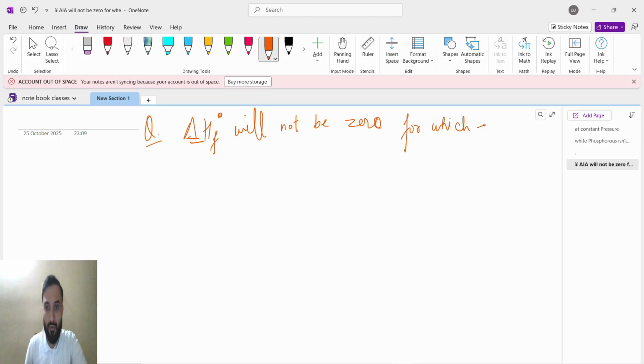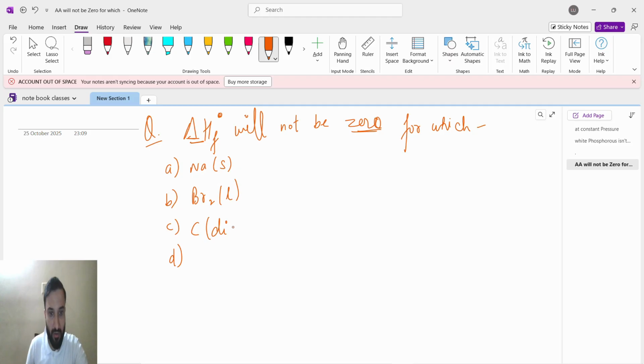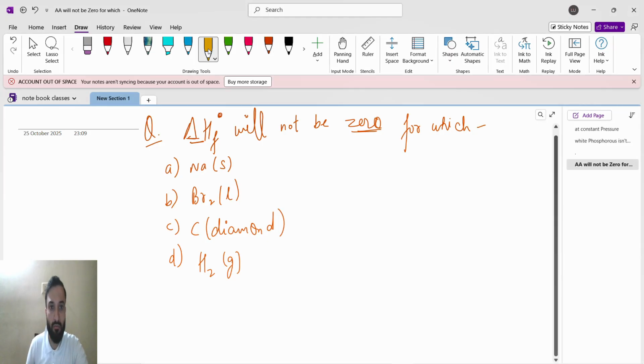The options are: sodium in solid form, Br2 in liquid form, carbon in diamond form, and hydrogen in gas form. So let's see whose will not be 0.